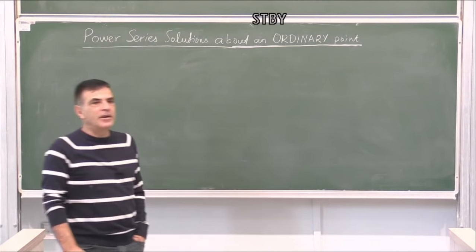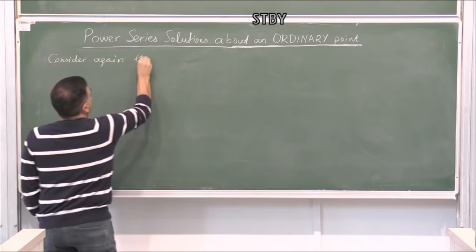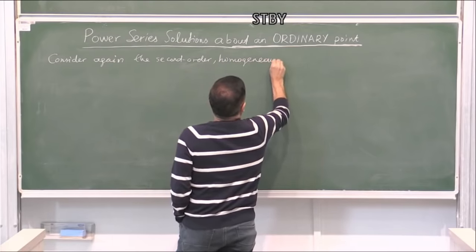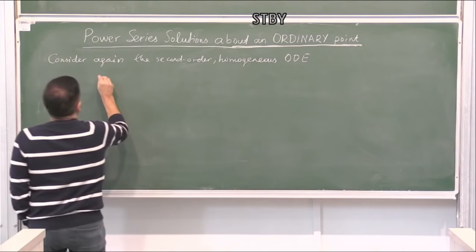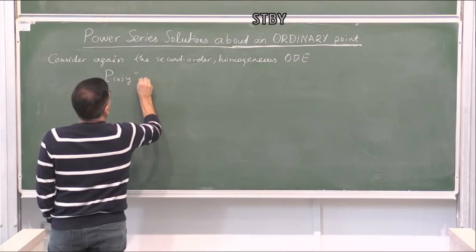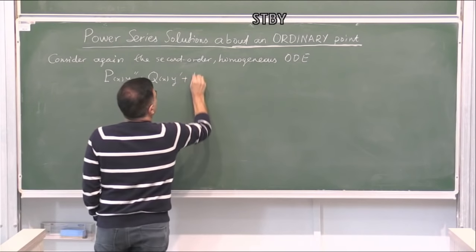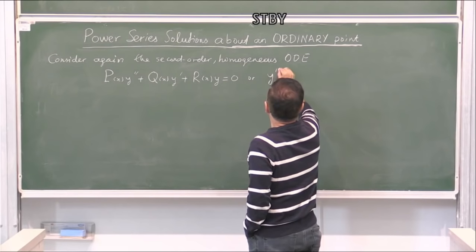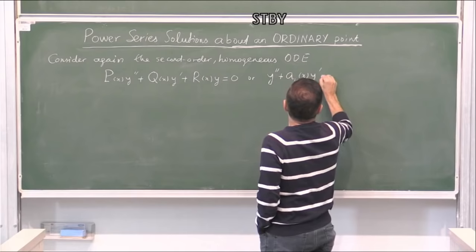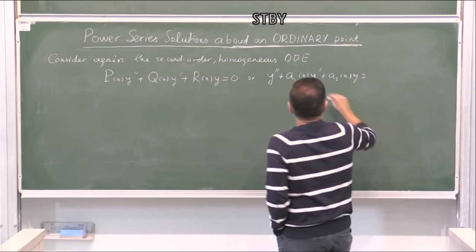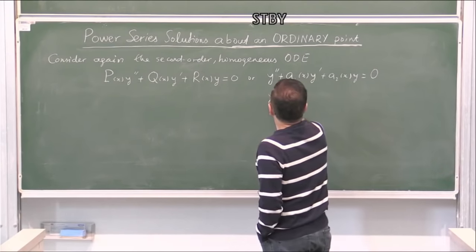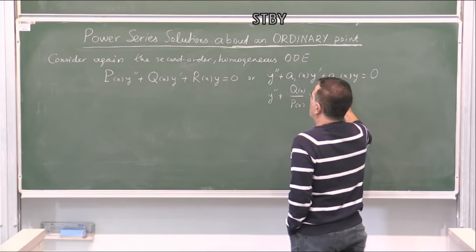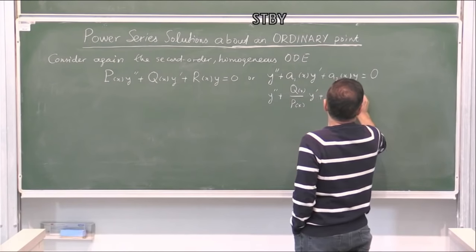Recall, consider again the second order homogeneous ODE of the form P of x y double prime plus Q of x y prime plus R of x y equal to 0, or in the usual reduced form, this can be taken as y double prime plus A1 of x y prime plus A2 of x y equal to 0, on dividing both sides by P, where A1 is Q over P and A2 is R over P.